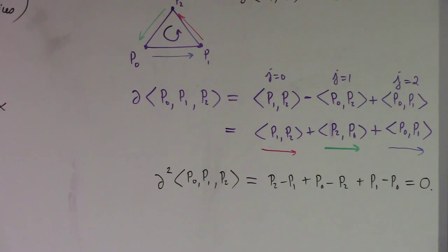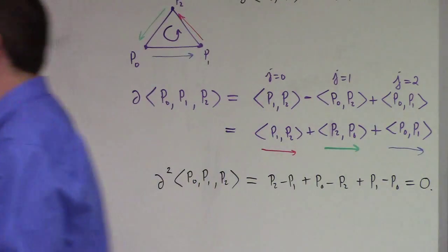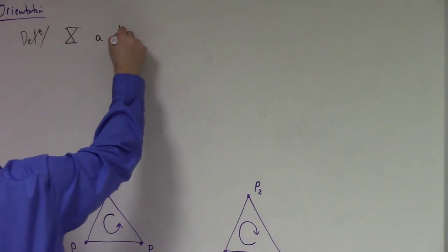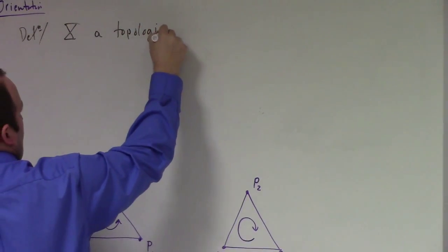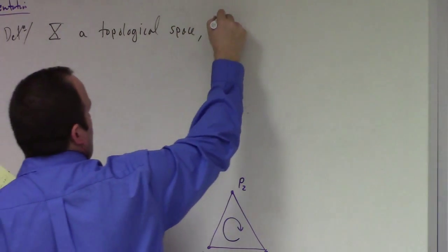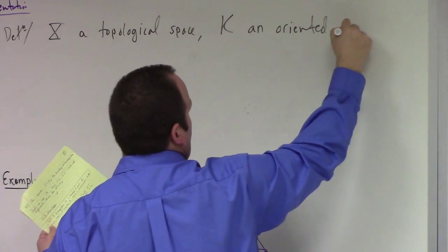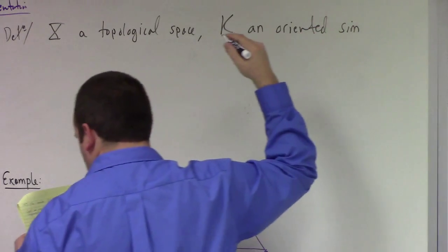If you have a topological space X, and K, an oriented, actually, it doesn't even need to be oriented.